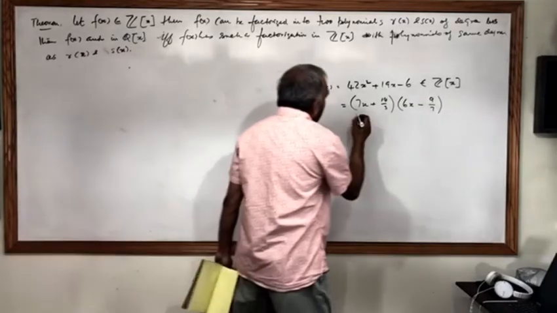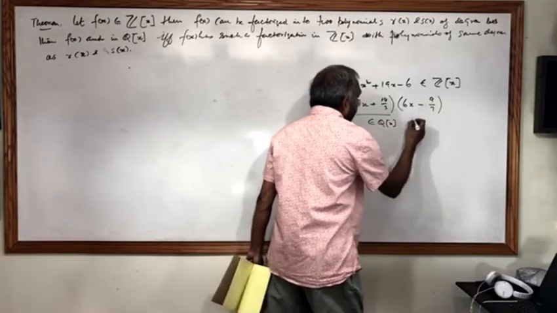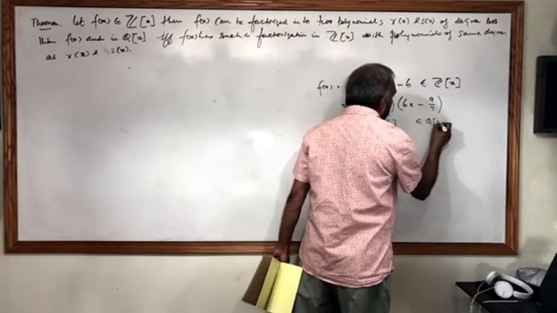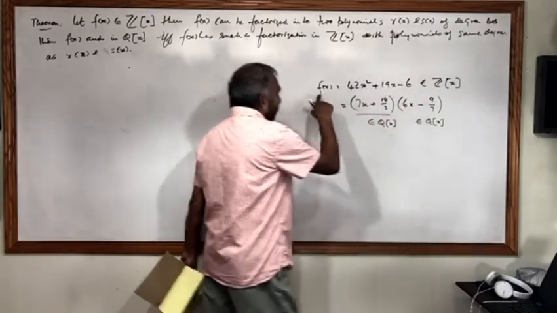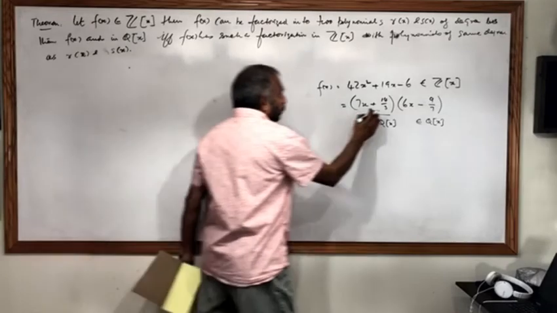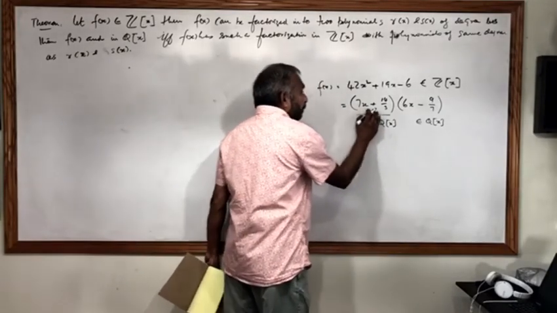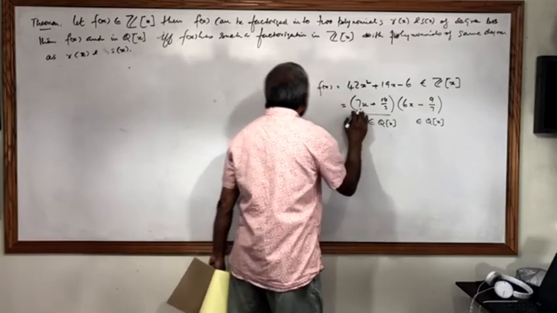These two are elements of Q[x], not in Z[x], because they have got fractions here. This is possible only if there is such a factorization in Z[x].